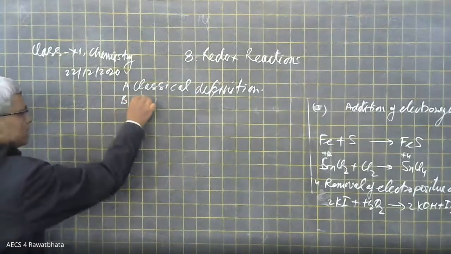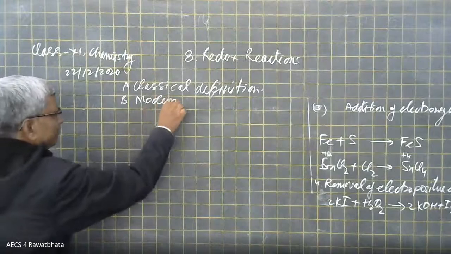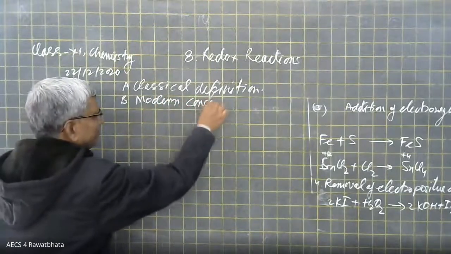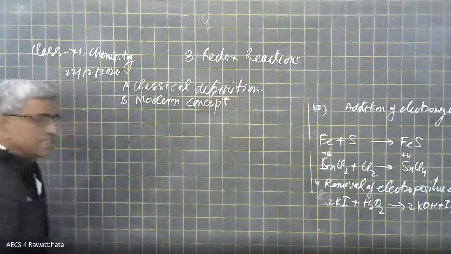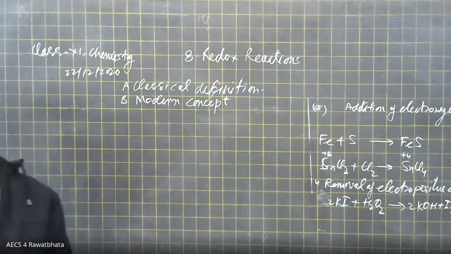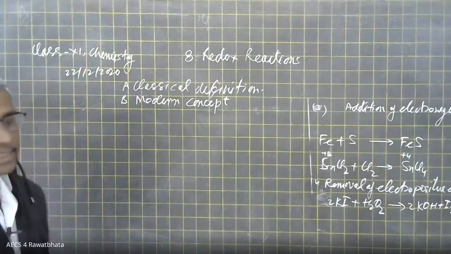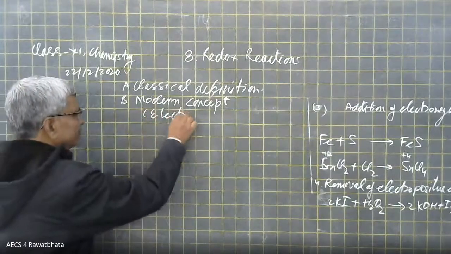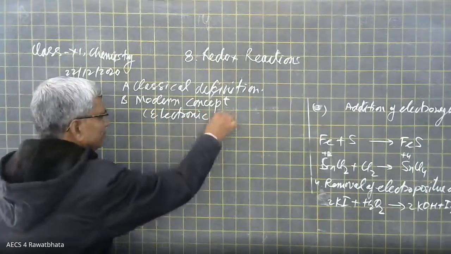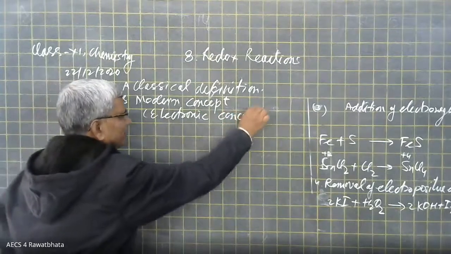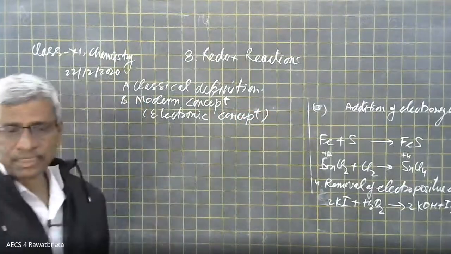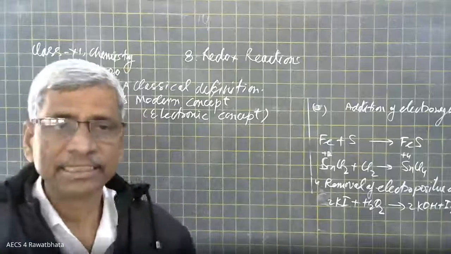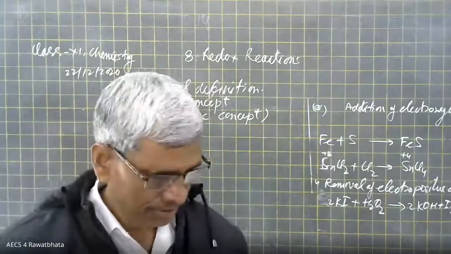B, the modern concept. This is in terms of electron. This is also called the electronic concept. Electronic concept, what is that? This is in terms of electron.